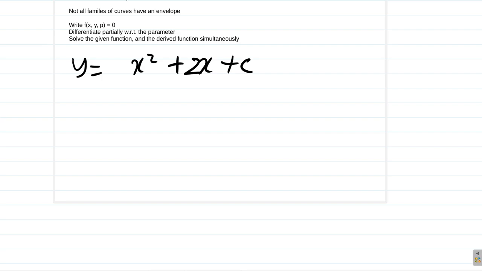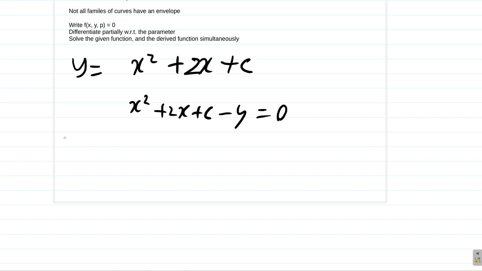Now, how do we find the envelope again? We write the function as a function of the variables x, y, the parameter, and any constants equals 0. So we have x squared plus 2x plus c minus y equals 0.